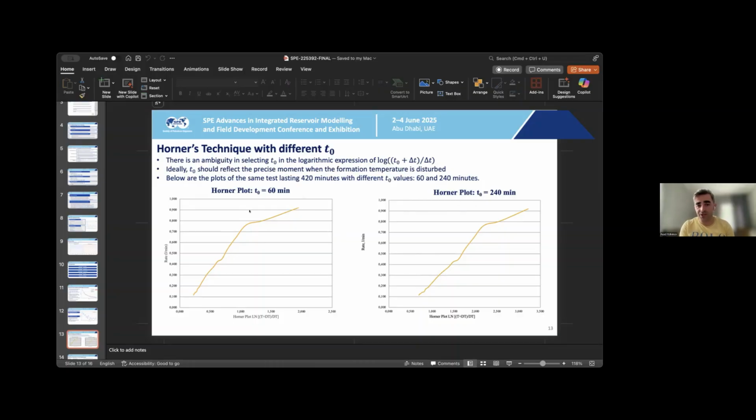If that was in reservoir engineering, you have a pretty exact, clear idea what T0 should be. But in thermal expansion, not so much. You have two values, 60 and 240 minutes. And if you look at these plots, you have no way of saying if it's going to cross the x-axis or the y-axis. If you look at the 60 minutes T0, you don't know if the liner is leaking or the liner is holding pressure.